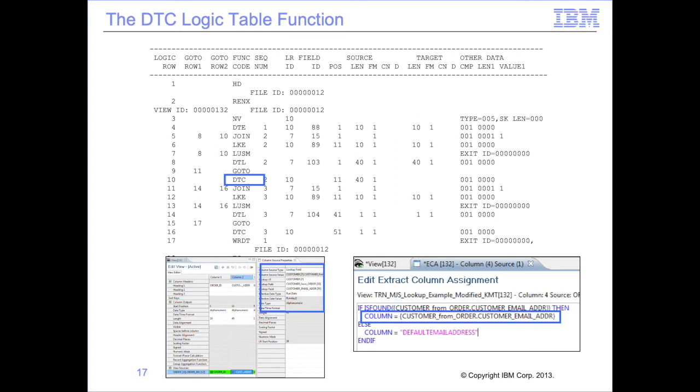If the field is coded in logic text, the user can define a default else condition, which would be assigned to the DTC value. In our example, the default value is spaces supplied by a DTC function if the lookup fails and no customer email address is found.